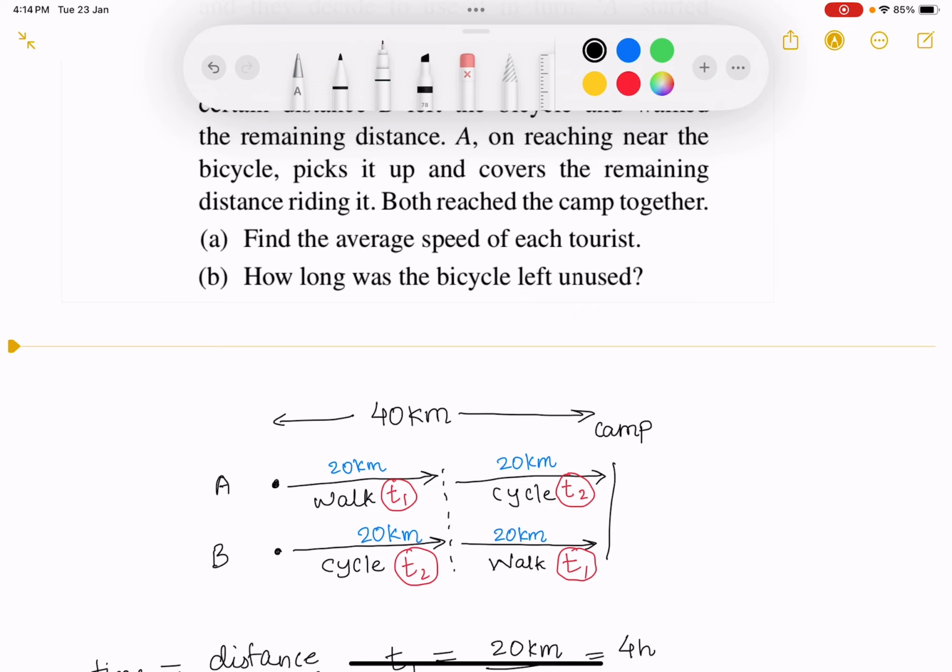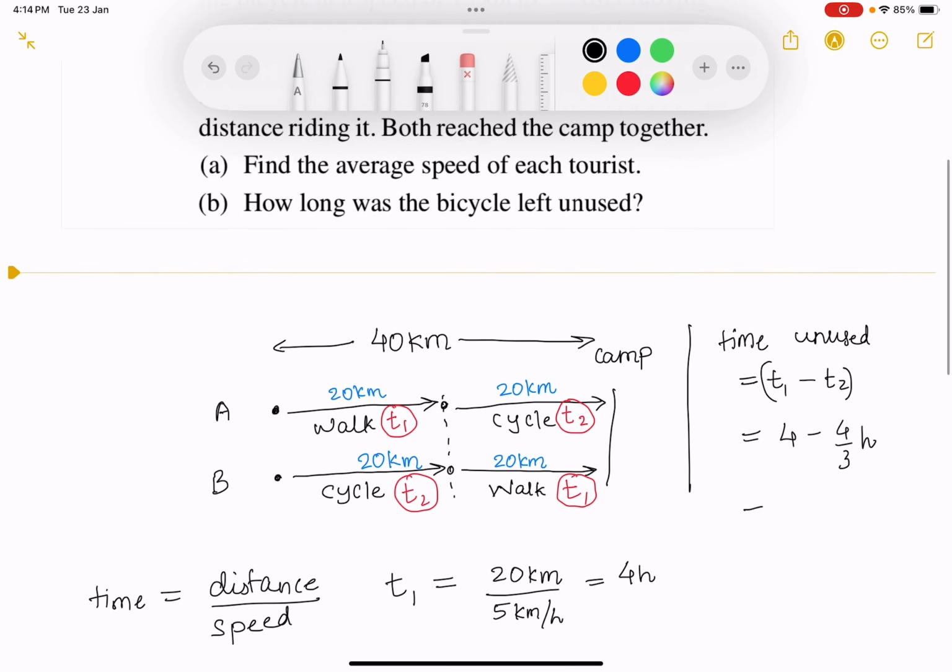So the time for which the bicycle is unused can be written as the difference of T1 minus T2, because B leaves the cycle here at t equals T2 and A picks it up at t equals T1. When you do the sum, it will be 4 minus 4 by 3 hours, which equals 8 by 3 hours.